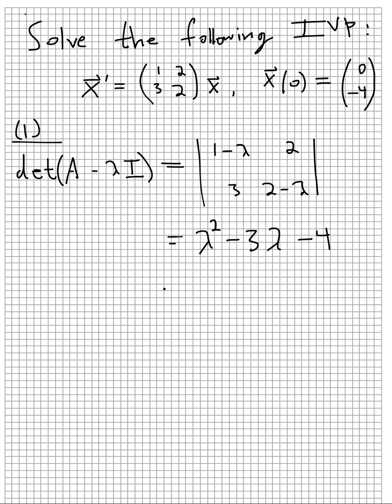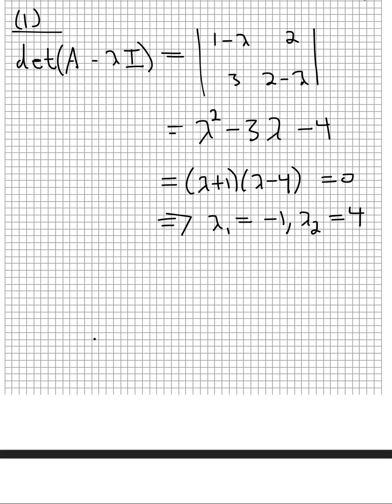And this is going to equal lambda plus 1 times lambda minus 4. So this implies when you set this equal to 0, lambda 1, our first eigenvalue, will be negative 1, and lambda 2, the second eigenvalue, will be set equal to 4.